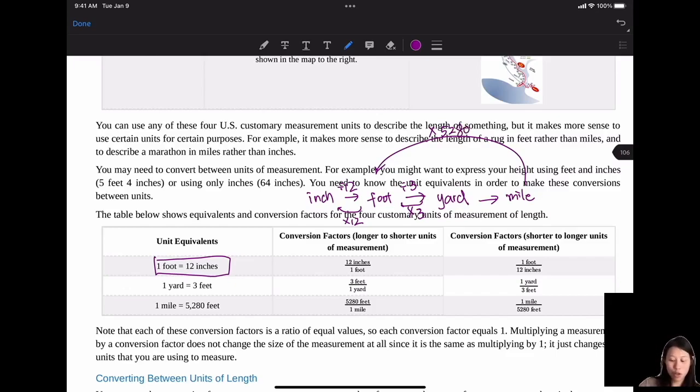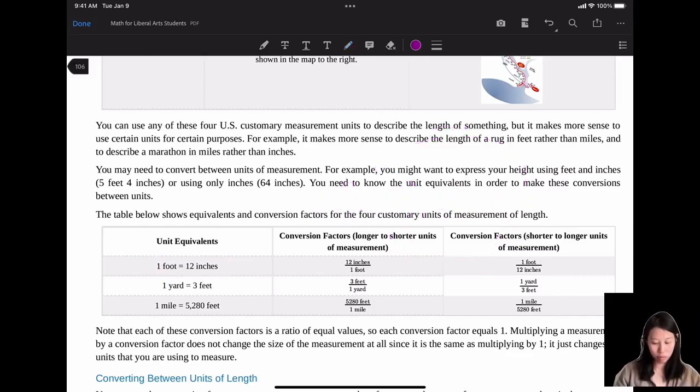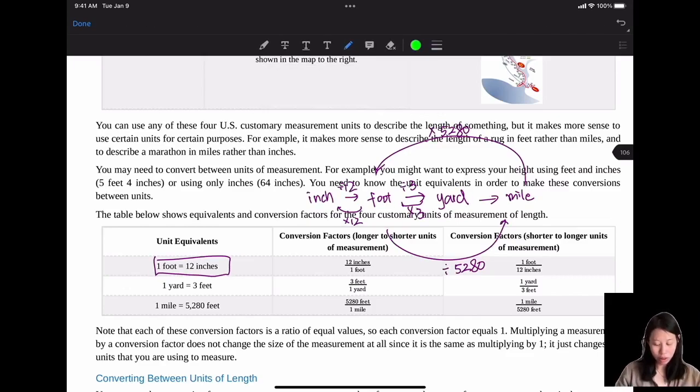And then from foot to mile, you want to divide by 5,280. But between these units, you can definitely convert inches to yard or mile to yard. So they can just convert each by each. So now how to do this one? Think about it.